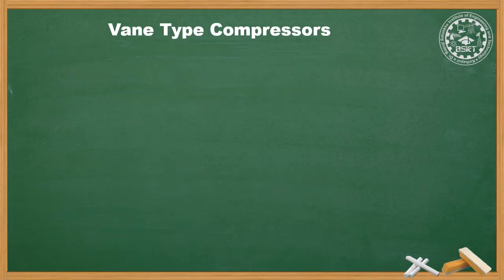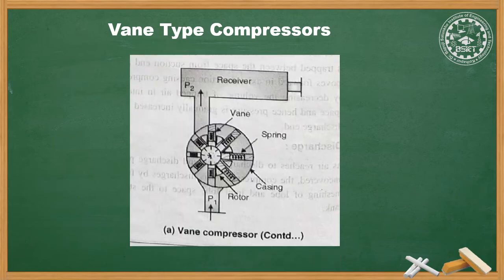The next type is the vane type compressor. Vane type compressor consists of a rotor located eccentrically in a cylindrical casing. The rotor carries a set of spring-loaded vanes in the slots of rotor as shown in figure below. The volume of air V1 at atmospheric pressure P1 is trapped between two vanes.